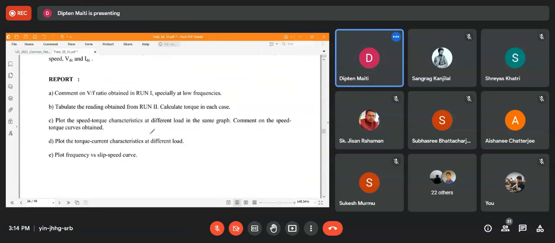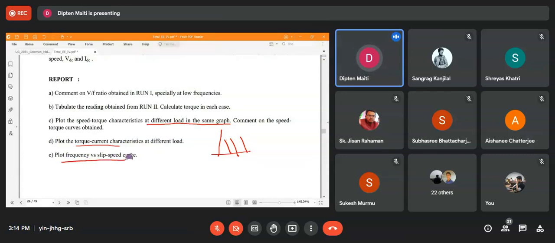So now plot the torque speed characteristics at different loads on the same graph. Of course, these should be parallel to each other, as we discussed just before. Comment on the torque speed characteristics. Plot the torque current characteristics. Torque should once again be proportional to the current here, following what we already discussed.